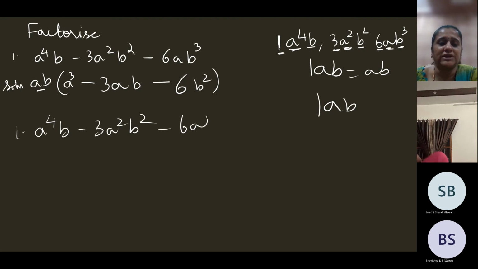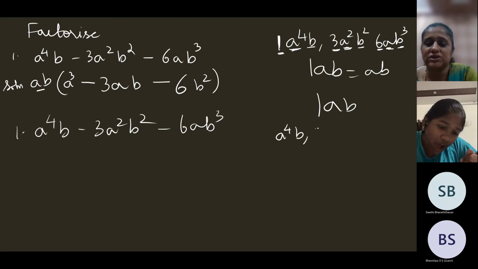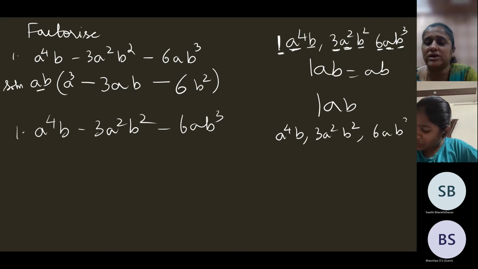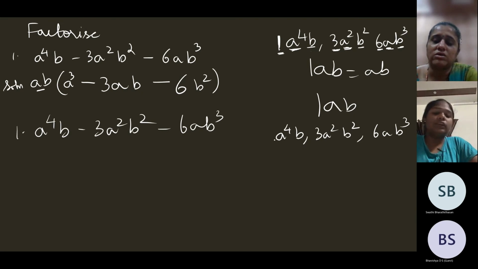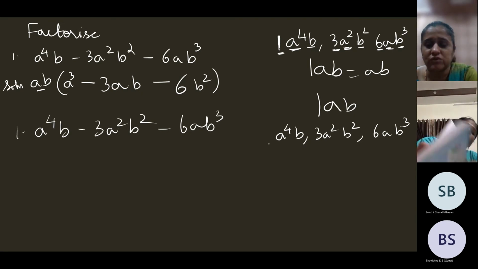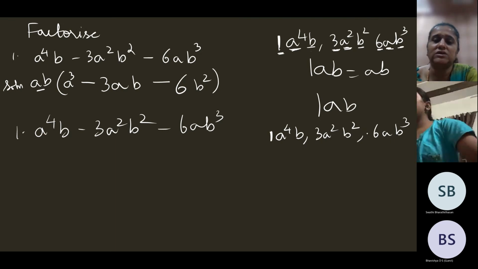Now this one has 3 terms. The 3 terms are a to the power 4b, 3a square b square, and 6ab cubed, correct? Now consider the numerical coefficients of all these 3 terms. The numerical coefficient of the first term is 1, the second term is 3, the third term is 6.